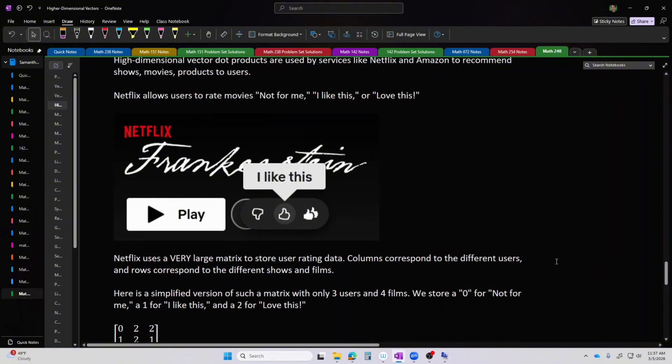So for example, for me, I loved the movie Frankenstein, so I gave Frankenstein a really high rating. Netflix has stored my rating of the movie Frankenstein in a matrix somewhere on their servers.